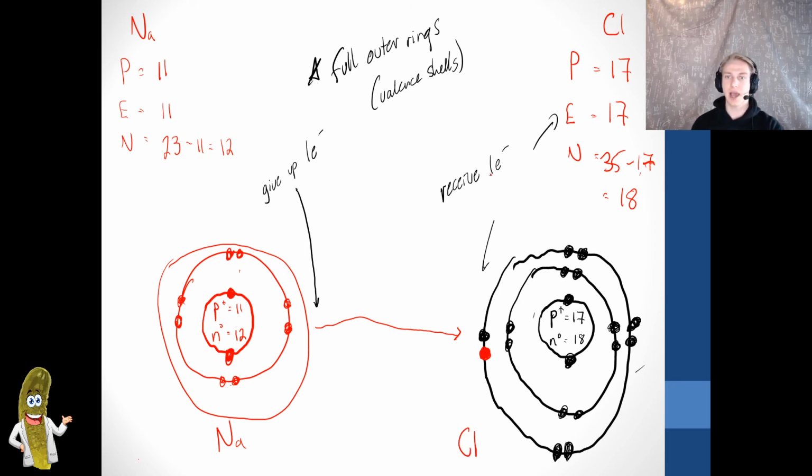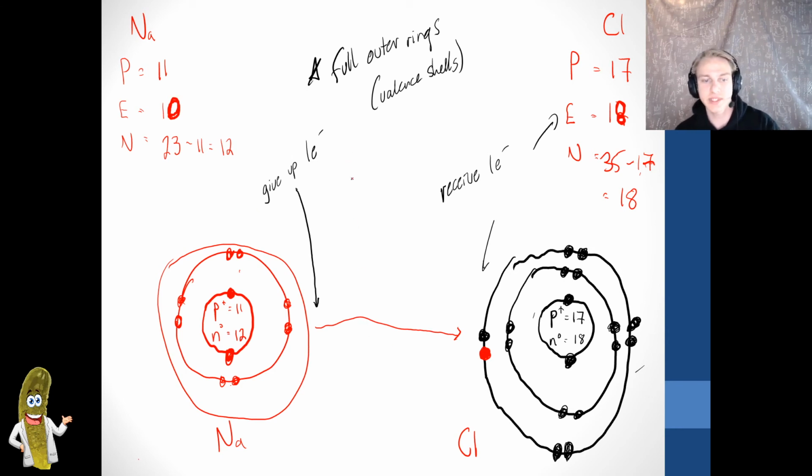And so now our number of electrons in both of these has changed. Chlorine's gained another electron. So rather than having 17, it now has 18 total electrons. And rather than sodium having 11 electrons, it has 10 because it lost one.